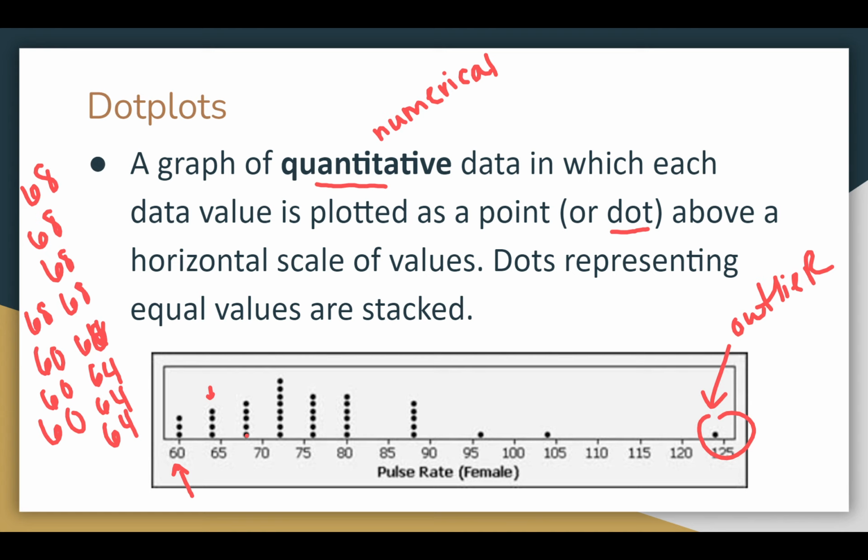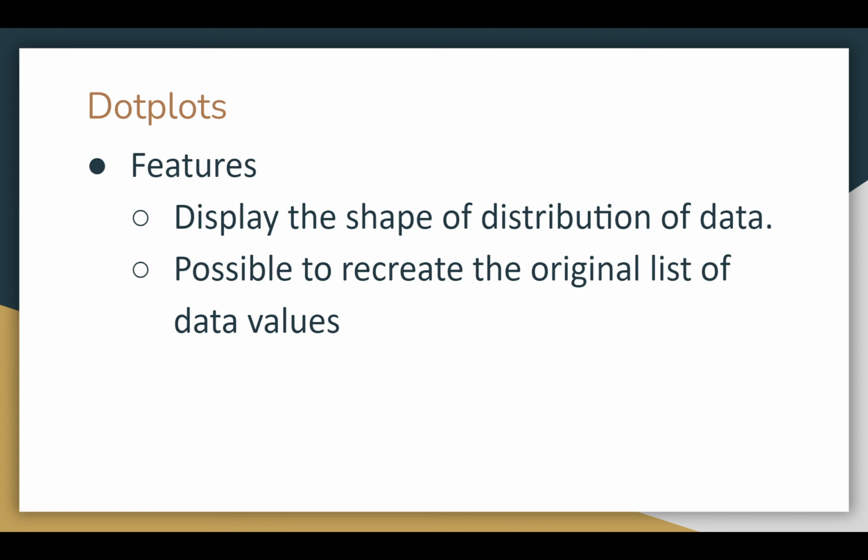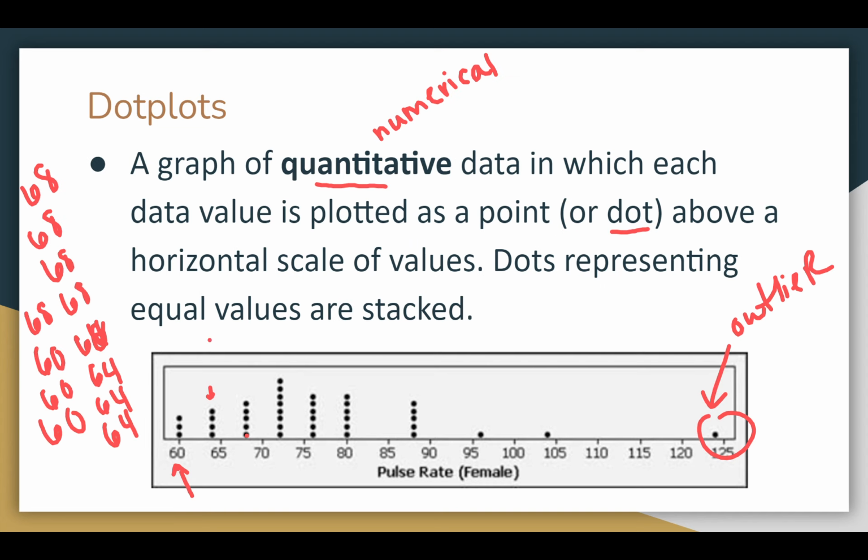Okay. A feature of a dot plot is that it displays the shape of the distribution of the data. It's also possible to recreate the original list, which can be important if we want to actually know all of our data. Like we started to do here, we can list all of the data.